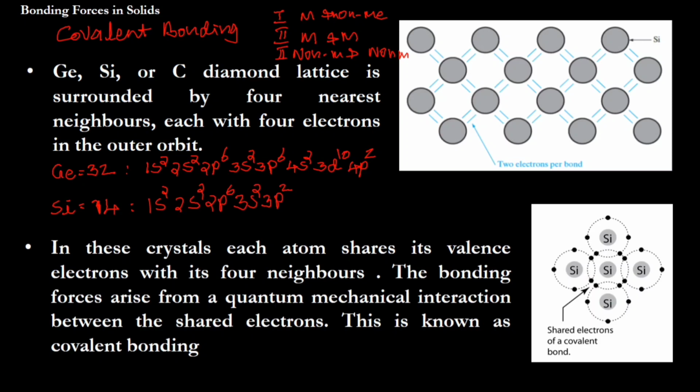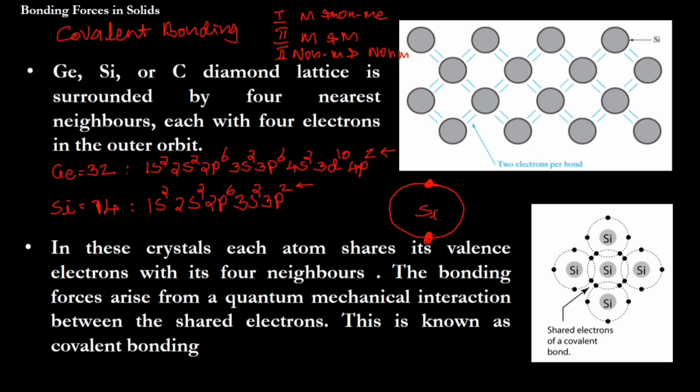In order to become stable, this germanium or silicon atom requires 4 more electrons in the outermost orbit. Okay. So here, what is going to happen? For one silicon atom, I am drawing only the outer orbit; it has 2 electrons.